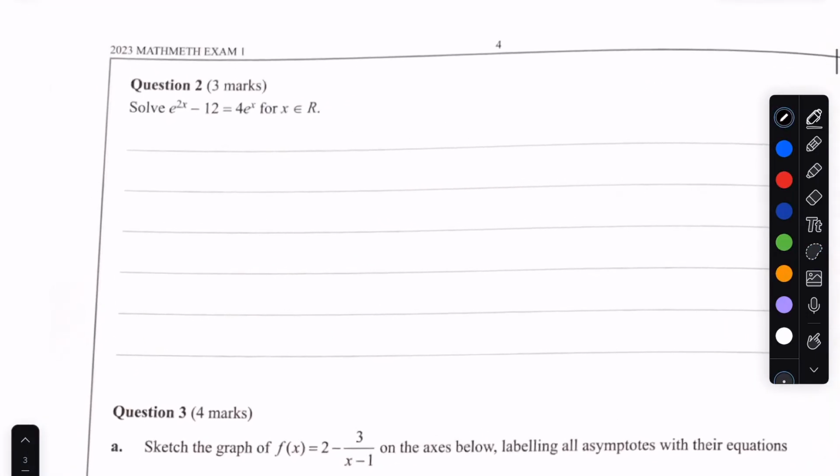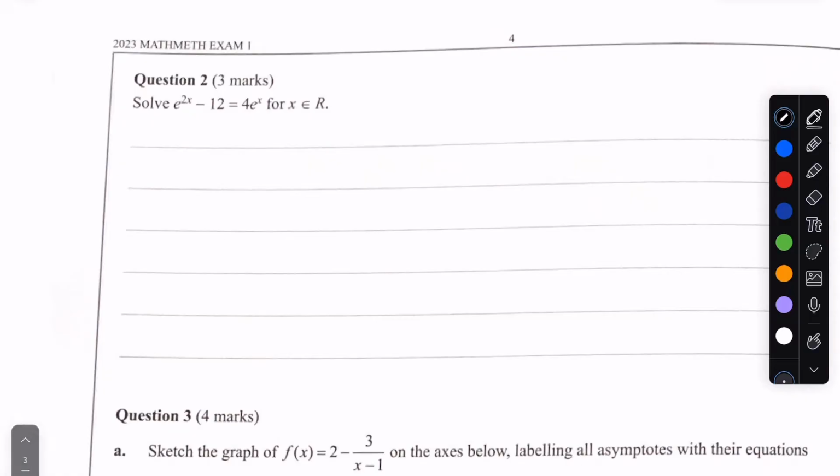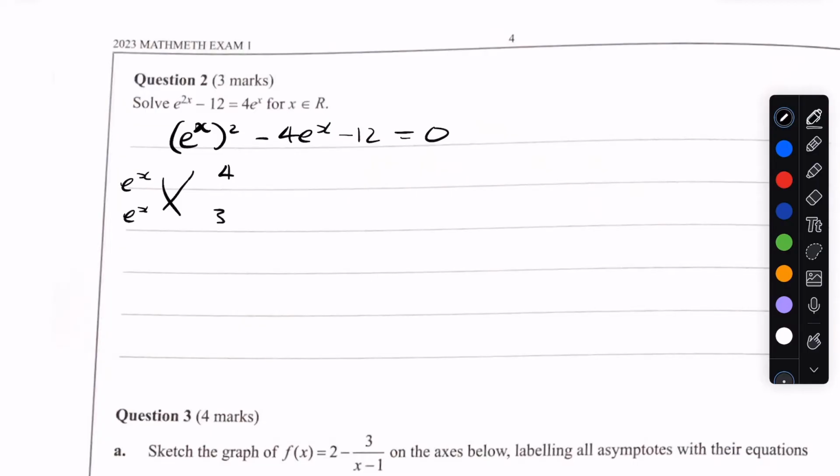Alright, solve this equation. So you can say that this is e to the x squared minus 4e to the x minus 12 is equal to 0. If you factorize, you've got 4, 3, you probably got 6 and 2 here. And a minus goes there, so e to the x minus 6, e to the x plus 2.